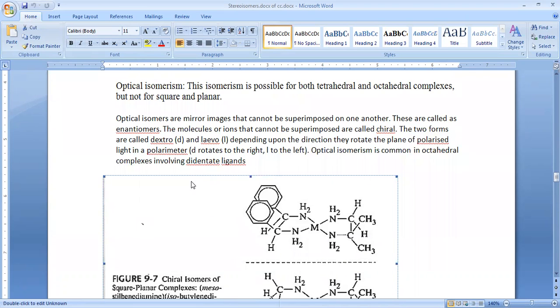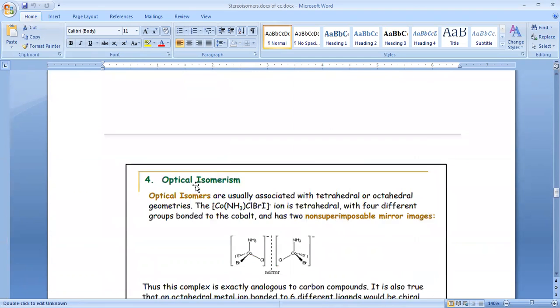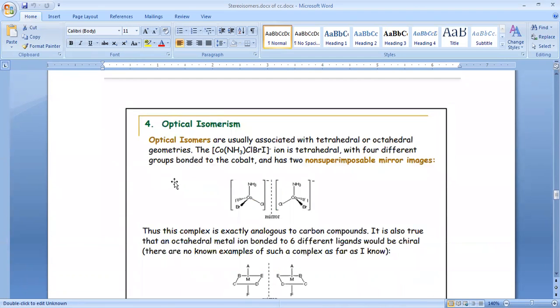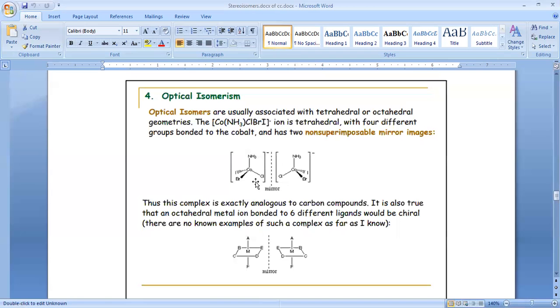Next, here see, optical isomerism. Here we are looking at coordination number 4, and this example is a tetrahedral complex.